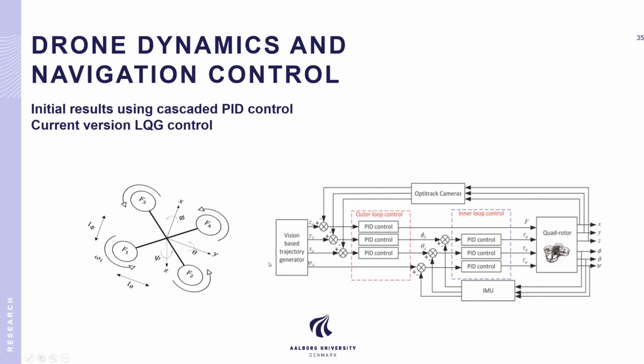And then our trajectory generator is done based on our cameras and our neural network. The current version of our system actually uses LQR with Kalman filtering, but this was not used in this early work.